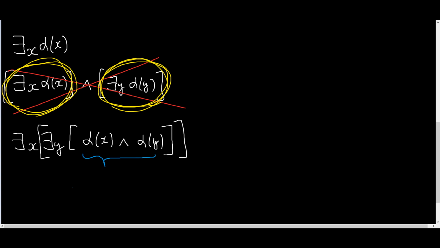And this is true because there exists quantifier has a scope which is this thing here, and there exists quantifier has a scope which is that, and so both of them are defined within that area.